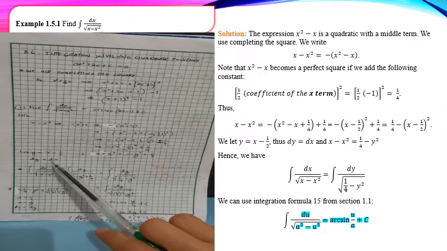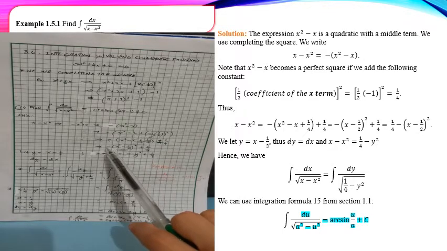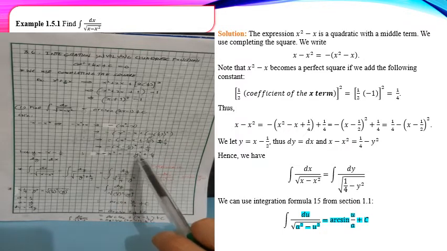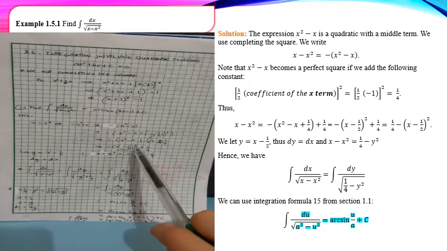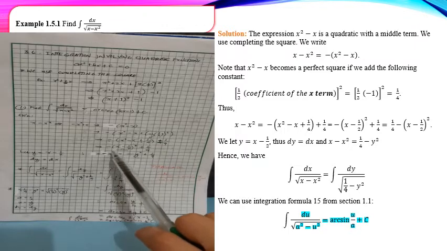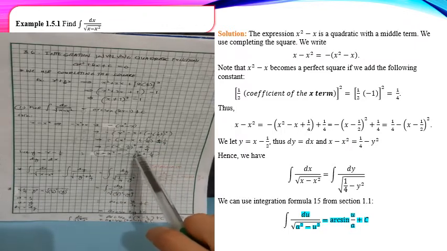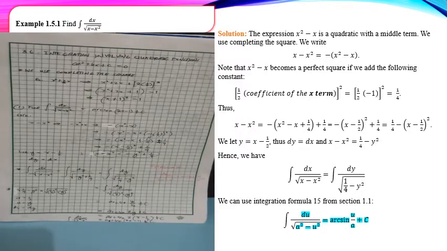Derivative of x minus 1/2 is dx. So ibig sabihin, since nilet natin to as our y, so magiging negative kasi may negative dito. And then, palitan to ng y. Eto siya. And then, yung 2 na yan, galing yan doon. Then, bring down 1/4. So, it implies that x minus x squared is equal to negative y squared plus 1/4.